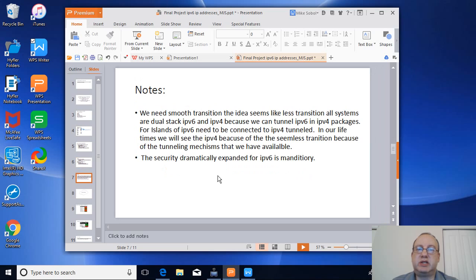We need a smooth transition. The idea is a less disruptive transition for all systems because they're dual stack, where you can have IPv6 and IPv4 packets tunneled. There will be islands of IPv6 that need to be connected to IPv4 through tunneling.